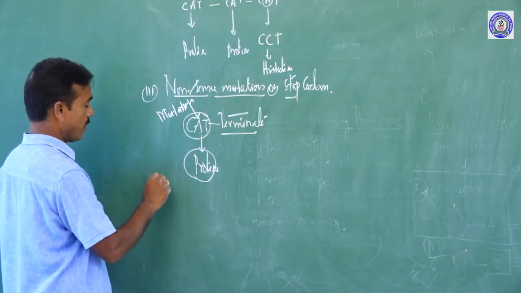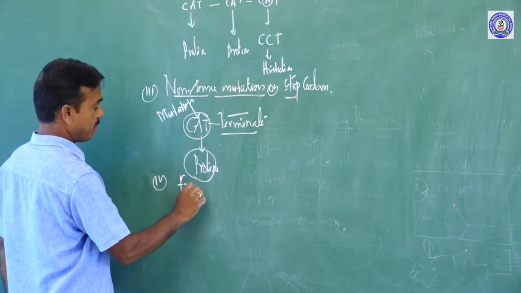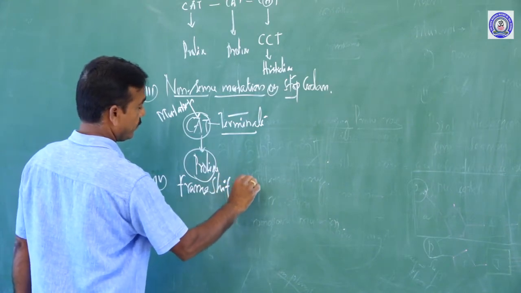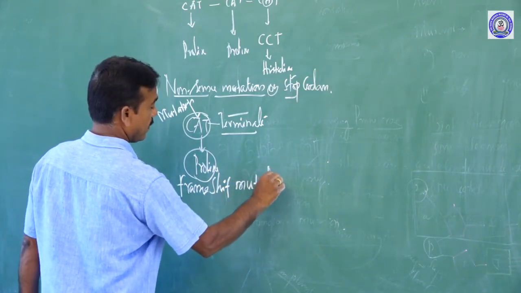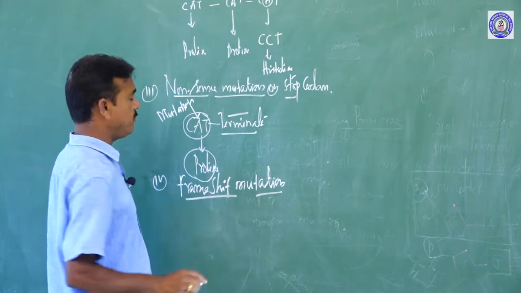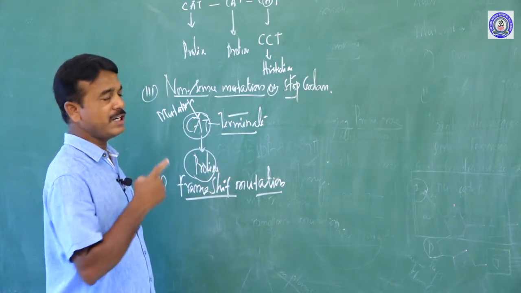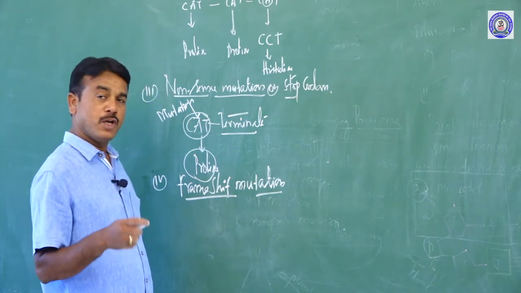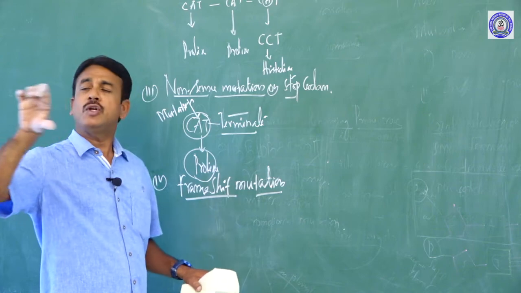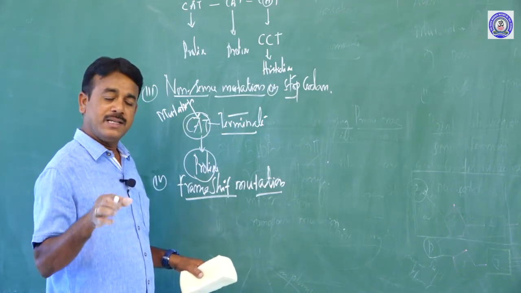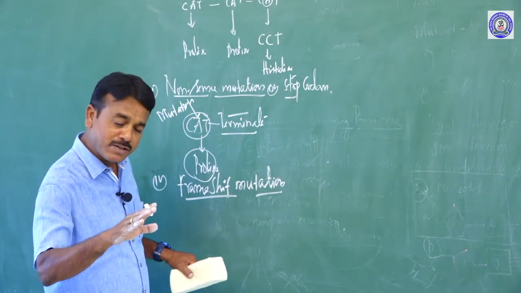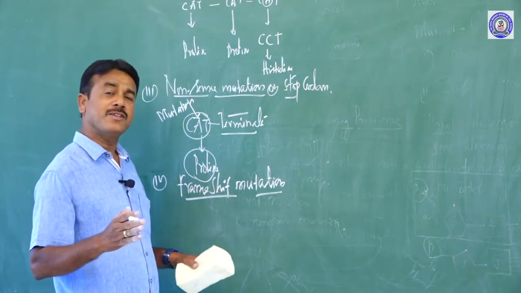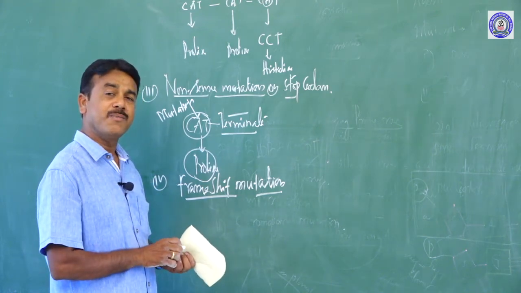Can I go to the fourth one? Frameshift mutation. What does frameshift mutation mean? I already indicated to you that deletion can happen, and addition can happen. In the sequence of nucleotides, some nucleotide segments may be lost, and sometimes new nucleotides are inserted.